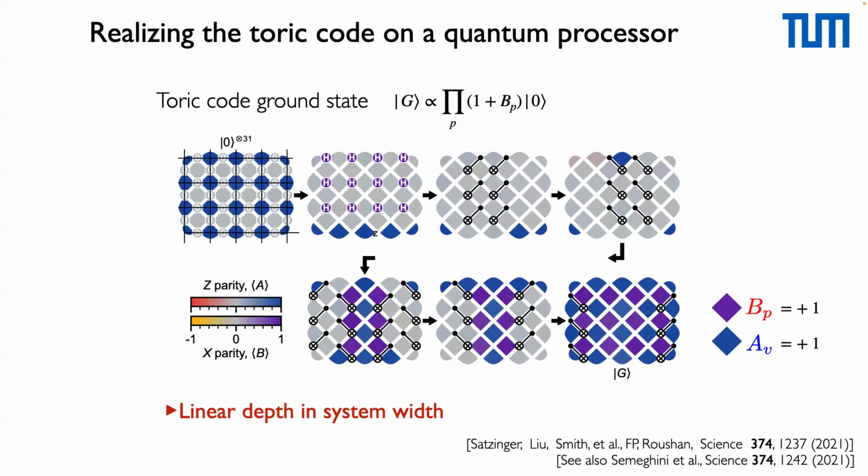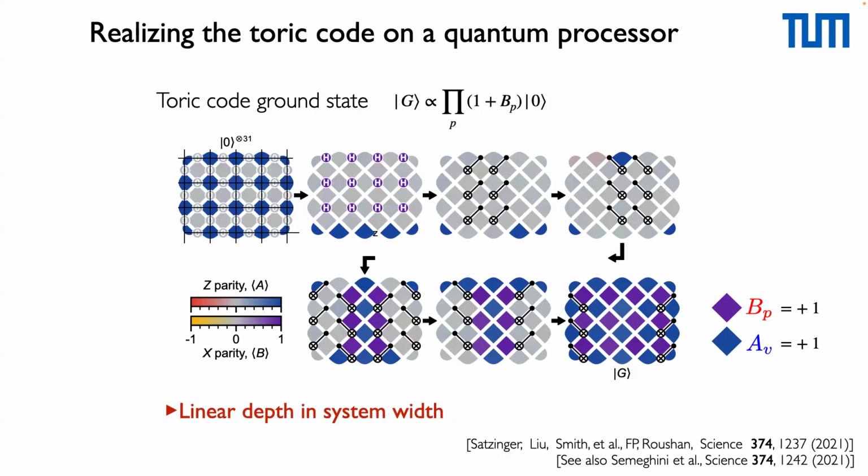So now it's in the ground state for all vertex terms, but not in the zero energy state for the plaquette terms.